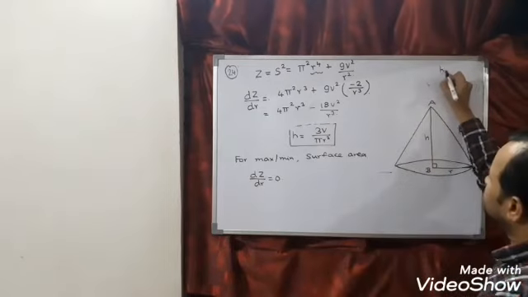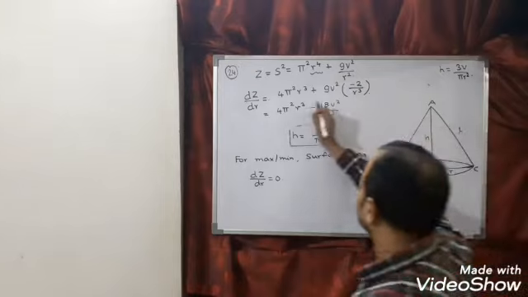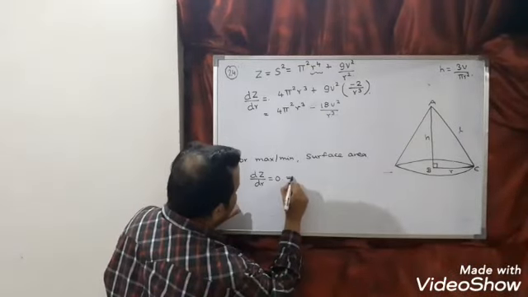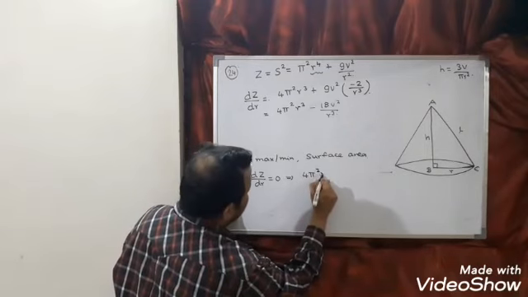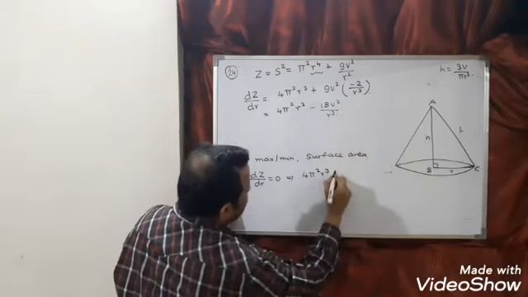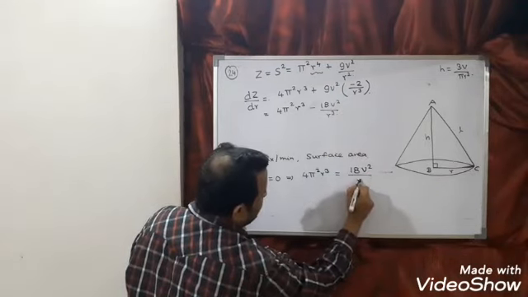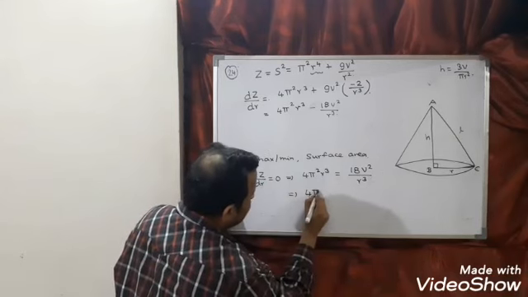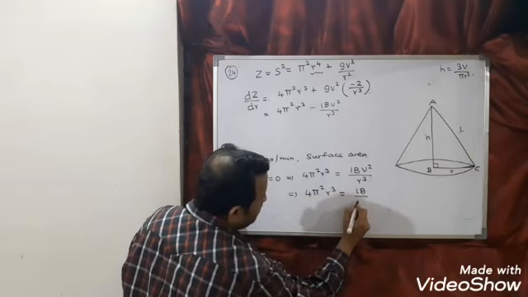So this h is what actually? 3v divided by pi r square. Right? Now tell me what you will get. So 4 pi square r cube is equal to 18v square divided by r cube.